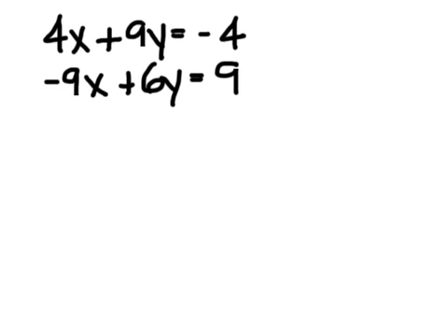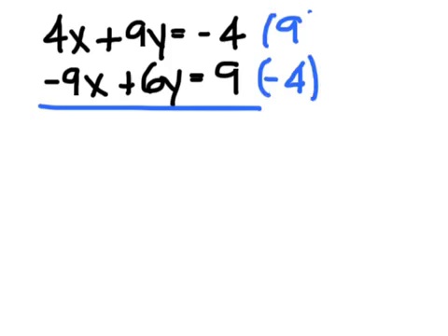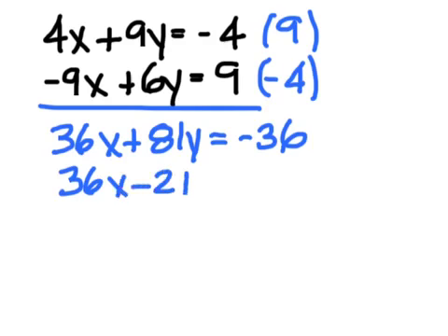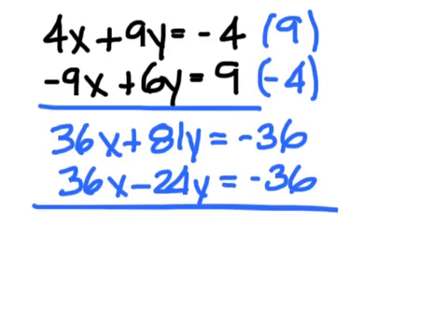On the practice problem, we have to multiply the top by a 9 and the bottom by a -4. So on top you should have 36x plus 81y equals a -36. On the bottom it's 36x minus 24y equals a -36.